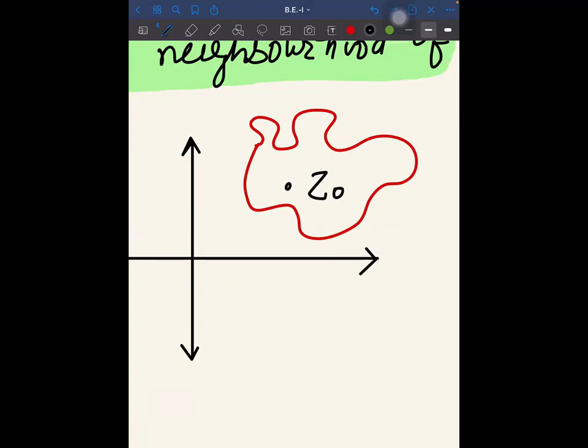So this is your neighborhood of z naught.